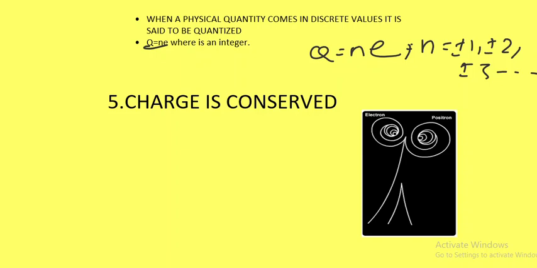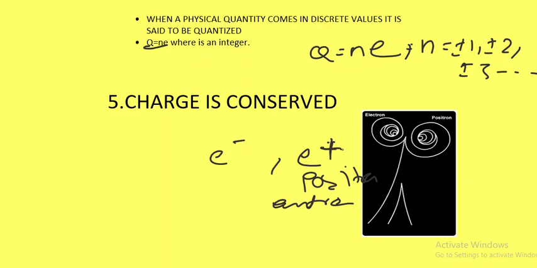Let's take an example of an electron and a positron. Positron is an antiparticle which has the same magnitude of charge but opposite to that of the electron.